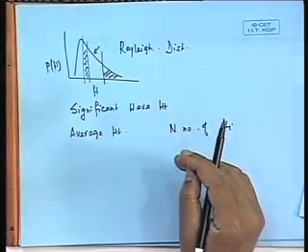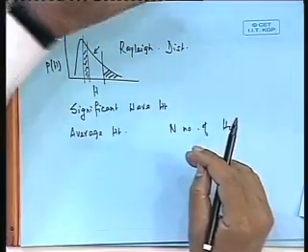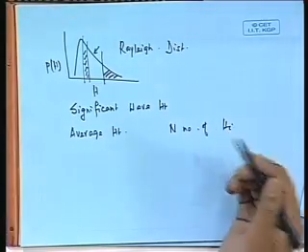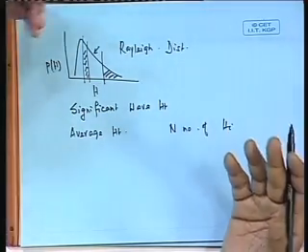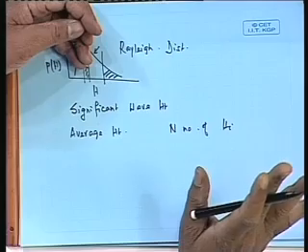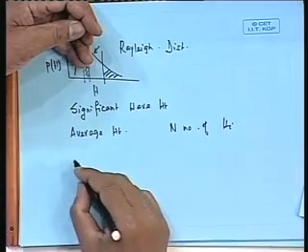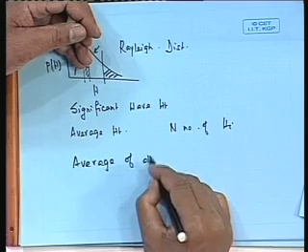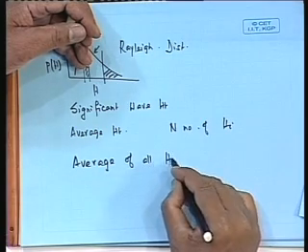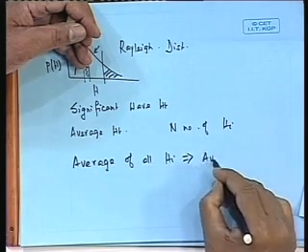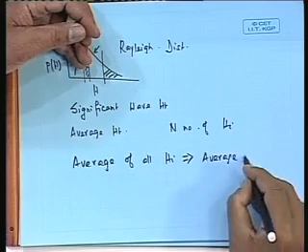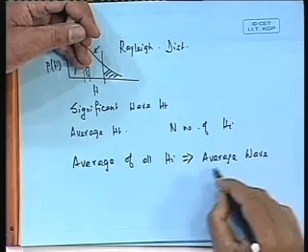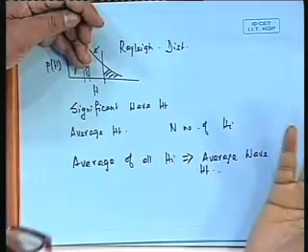That means this height occurs so many times, this height occurs so many times, etc. If you simply average them, then what you get is an average wave height. It is as simple as that.